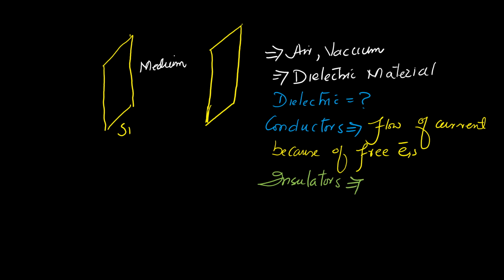Insulators are materials which do not allow the flow of current, because their electrons are bound and not free.